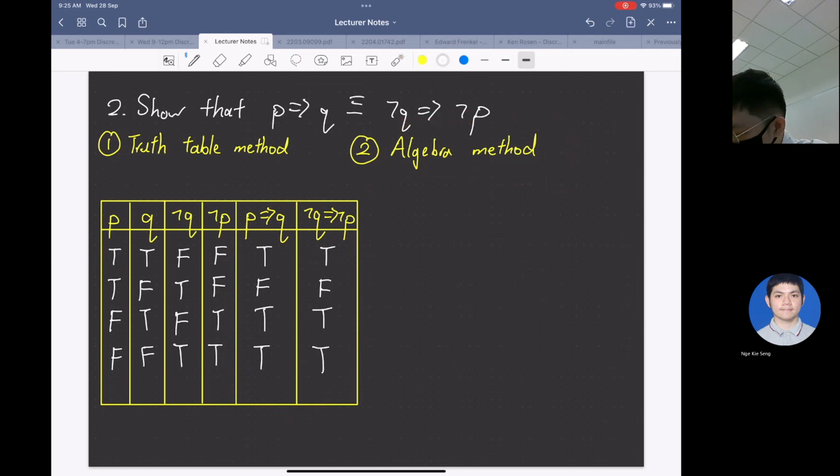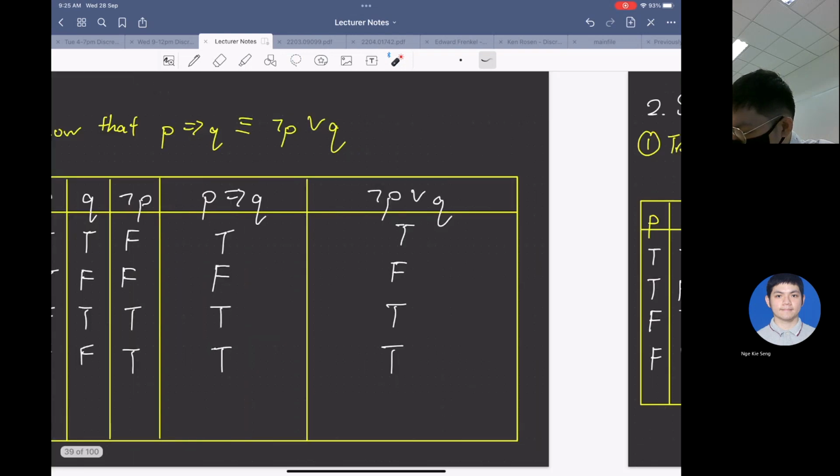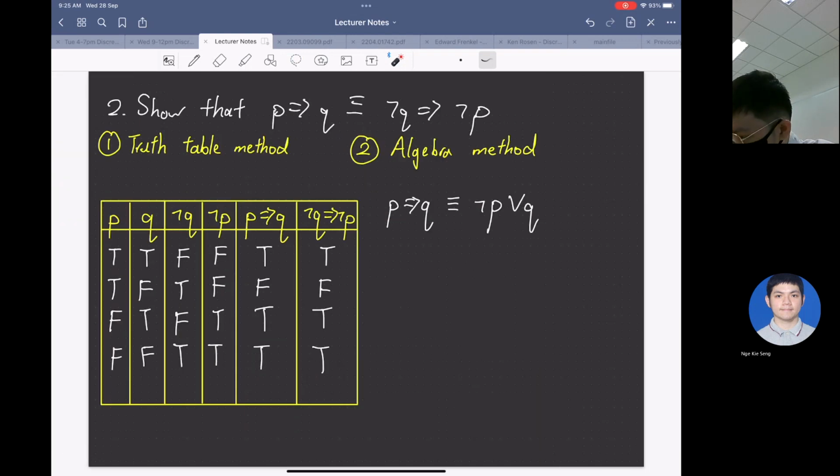Okay. How about algebra? Anyone try the algebra method using the table I showed you just now? So P implies Q is equivalent to not P or Q. Is it? Okay, let's check. P implies Q is not P or Q. So how do I go from here to here? Maybe we can do it backward.